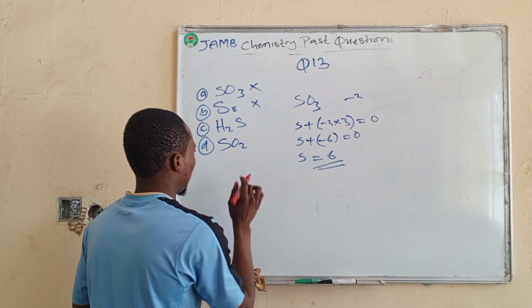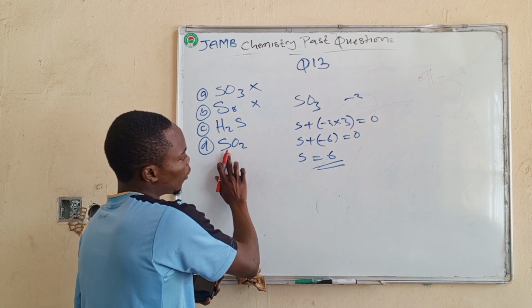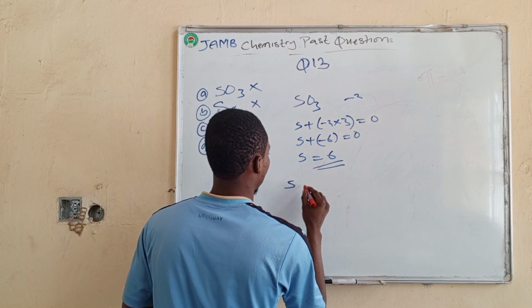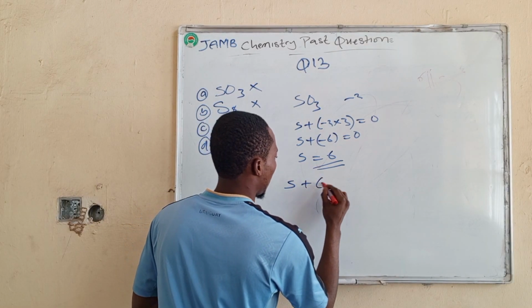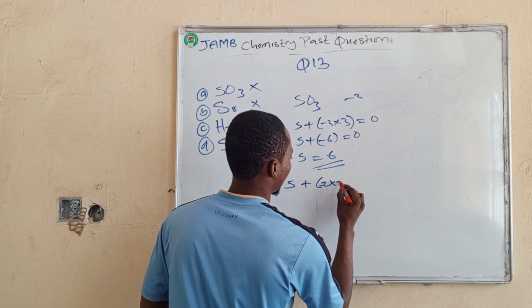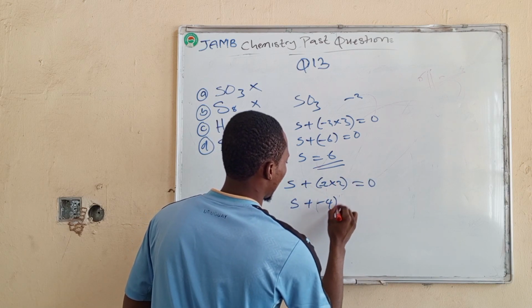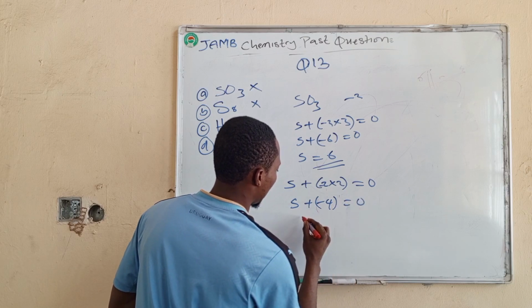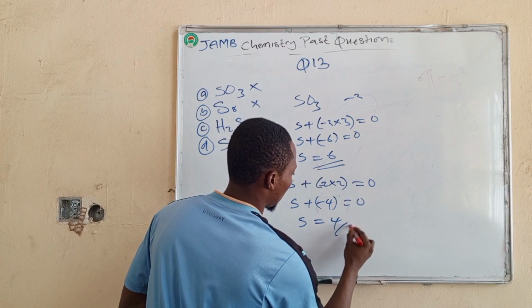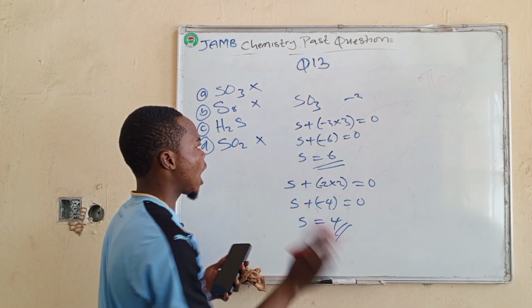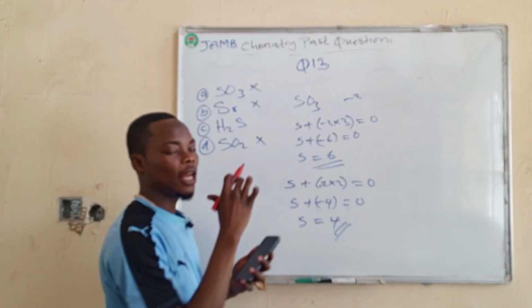Let's come to this last one, the oxidation number of sulfur in SO2. Let S be X. X plus -2 times 2 is equal to 0. X plus -4 is equal to 0. Therefore, X is equal to 4. So the oxidation number here is 4, which is also out. Now, this is what you call the elimination method.